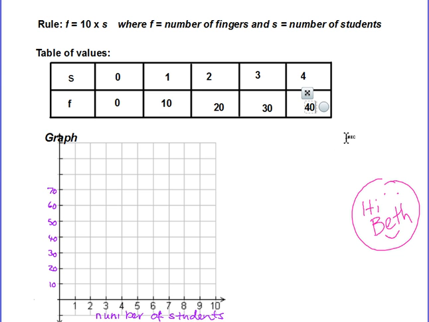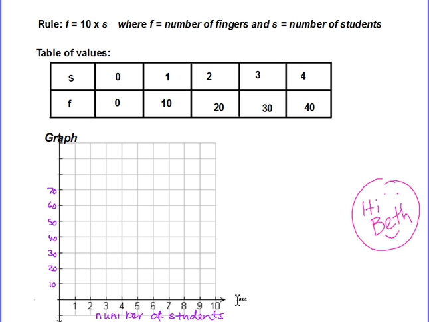So what this table of values does is it gives us a set of points that we can plot. So I can take this point here, 0, 0, and plot it on the number plane. You'll notice that in this number plane here, the x-axis corresponds to the number of students.